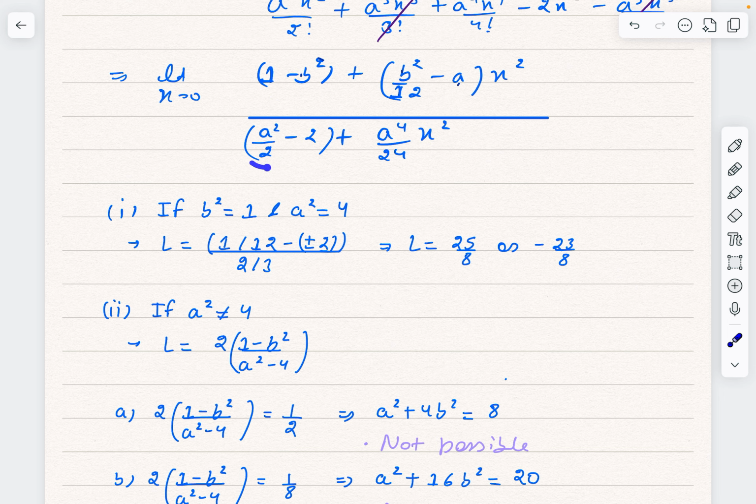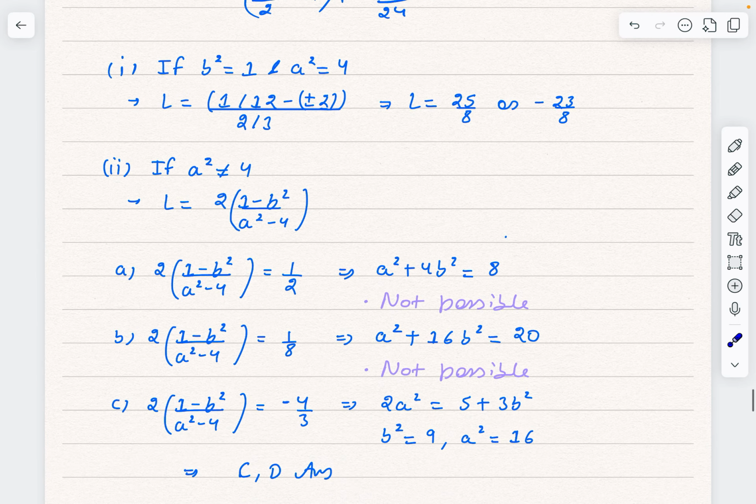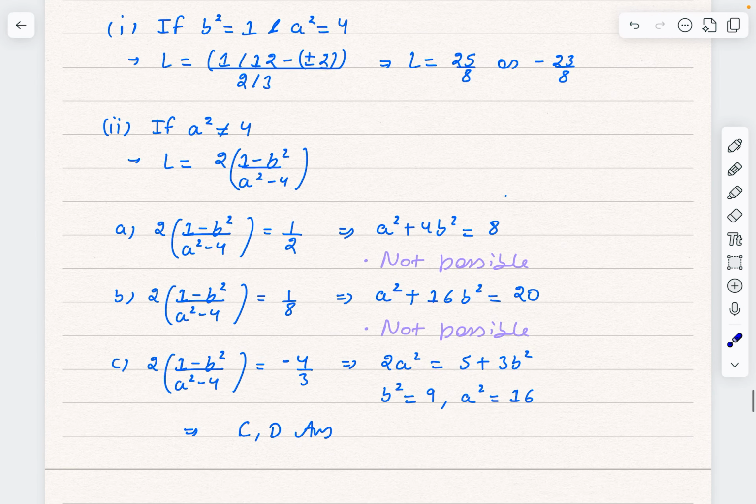But if this constant doesn't get cancelled out, we get a non-zero number, so you can directly put x as 0 and get some finite by finite. Now there is no direct way here, as there will be infinite values for L. We just have to see which of the following options can work, because a and b have to be integers.